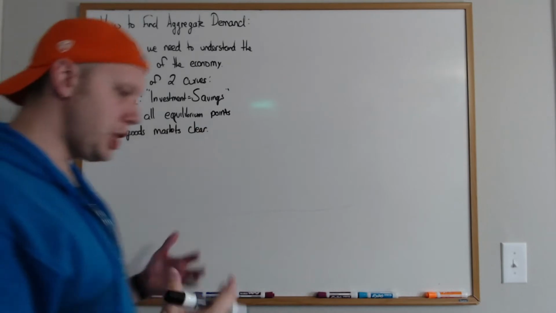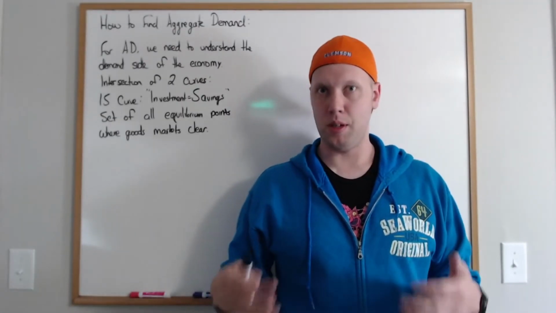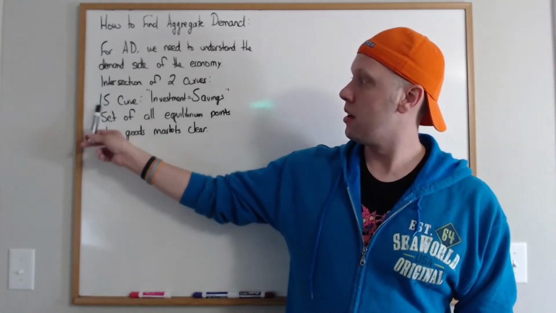Right, so if we're thinking GDP, the demand side of GDP, C plus I plus G, will be reflected in the IS curve.